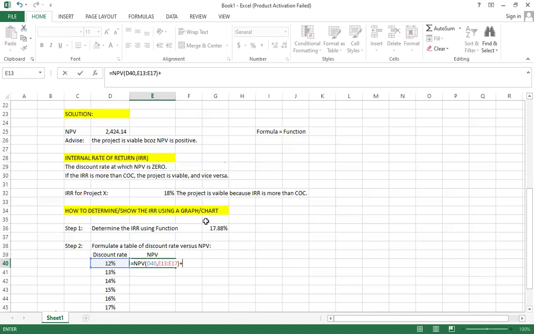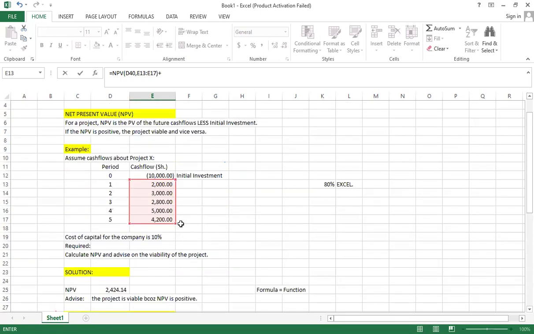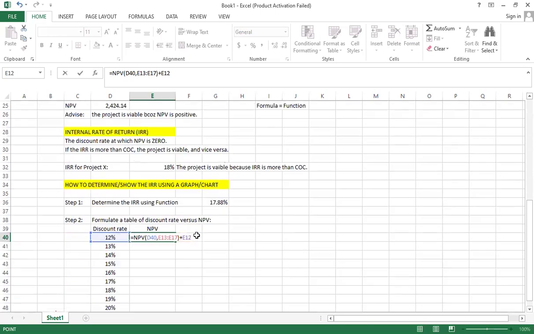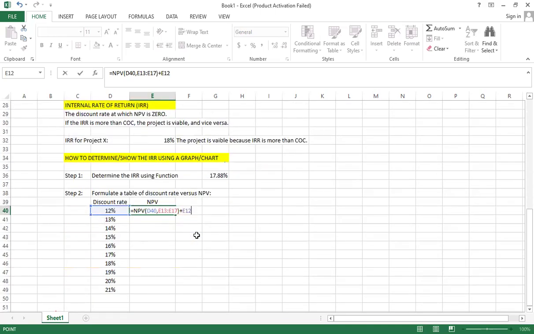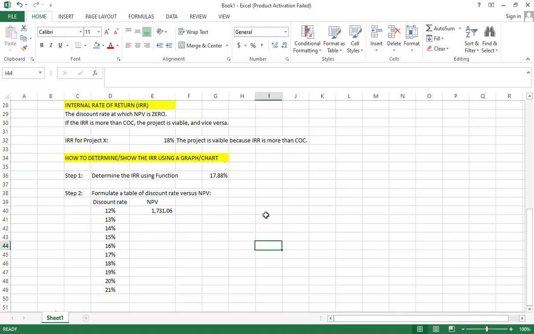Plus the initial investment, this negative, plus that negative, and then you can now press enter. So if you press enter, for the first one, we get 1731. Remember 0.006.